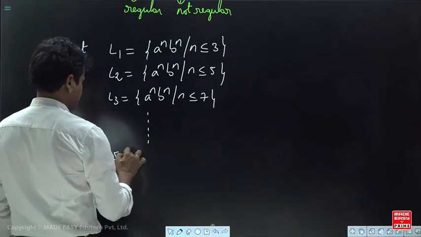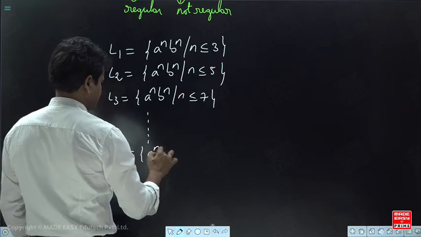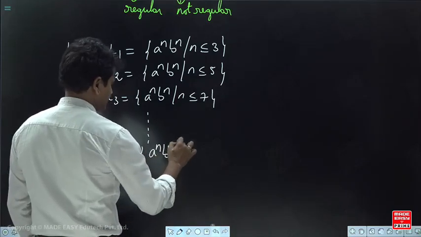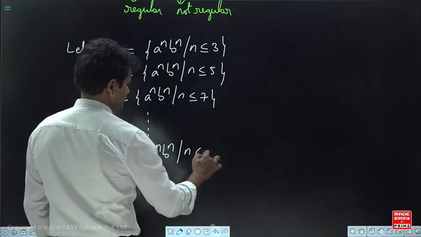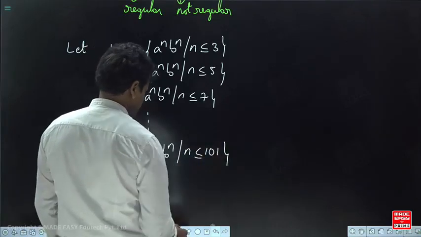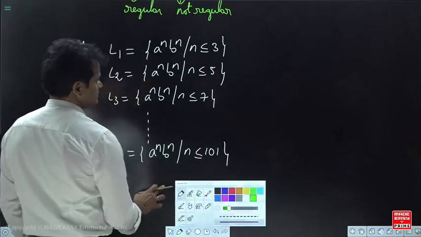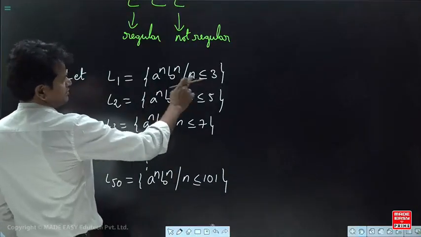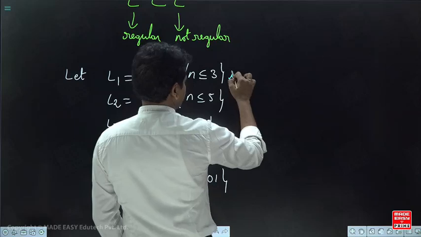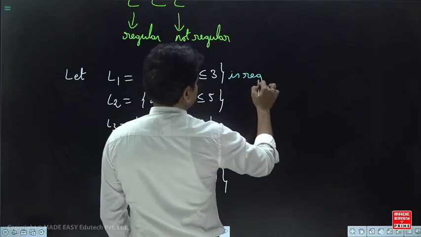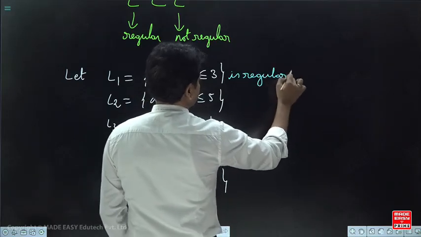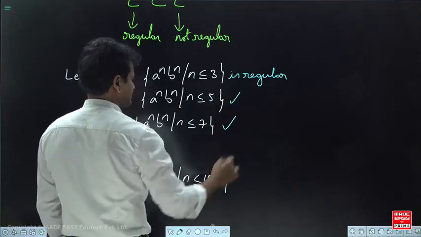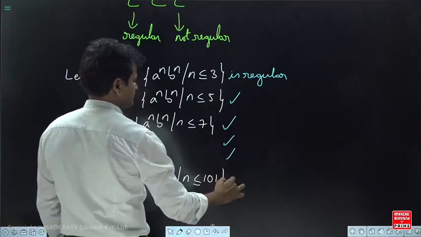L50 equal to a^n b^n, n less than or equal to 101. Now guys, look at this. Here the relation is finite, so it is regular. Here also the comparison is finite, so this is also regular.